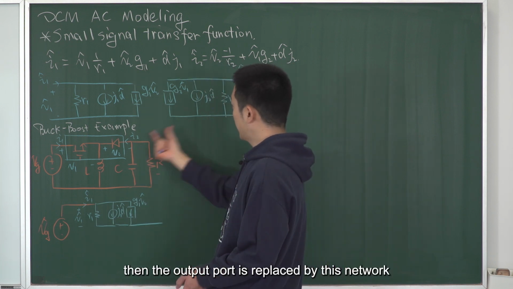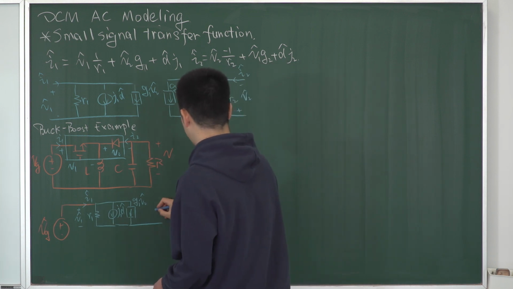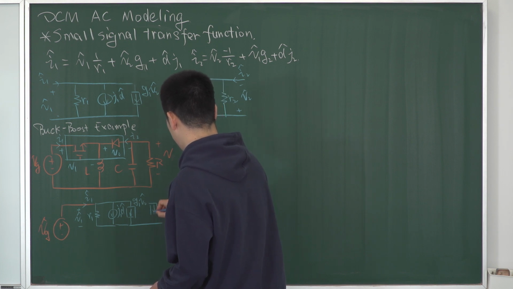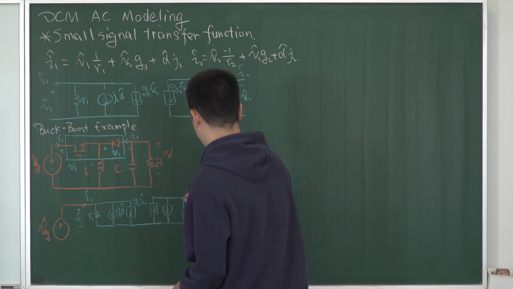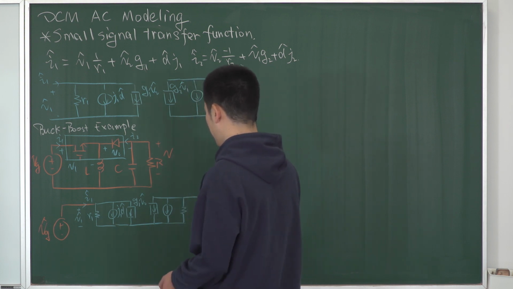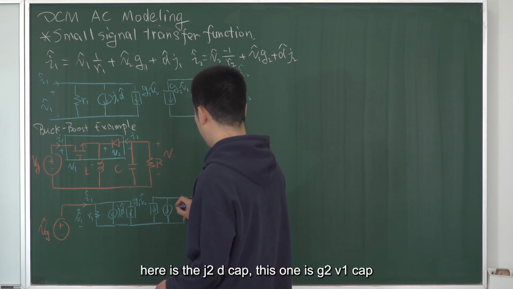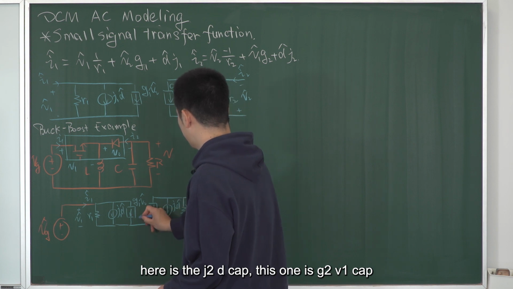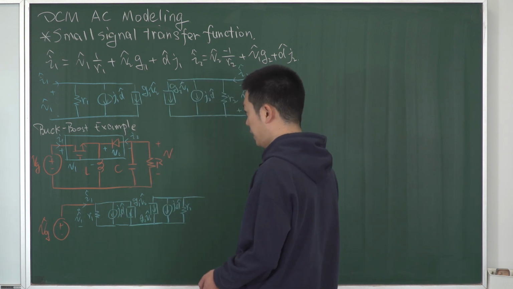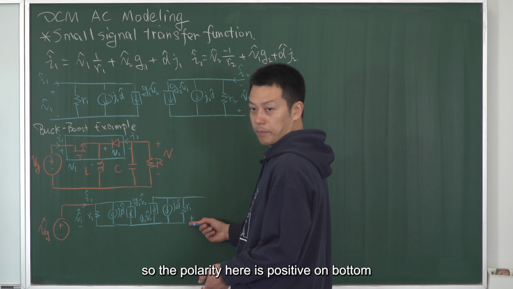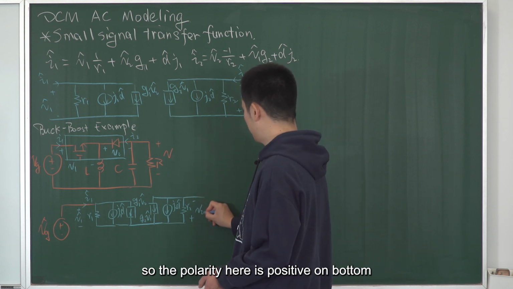Then the output port is replaced by this network. So here is the R2. Here is the J2 D cap. And this one is G2 V1 cap. So the polarity here is positive on bottom, right? V2.